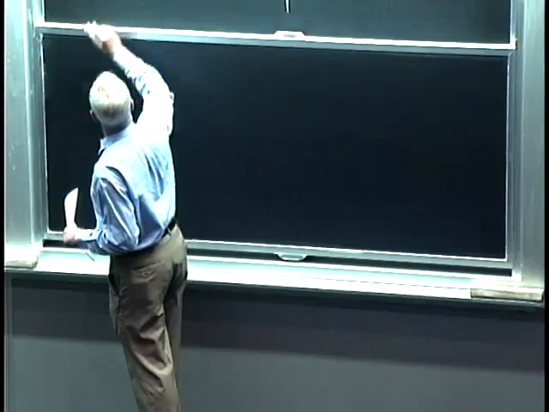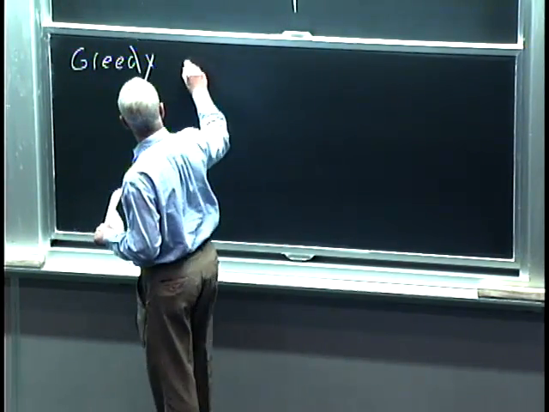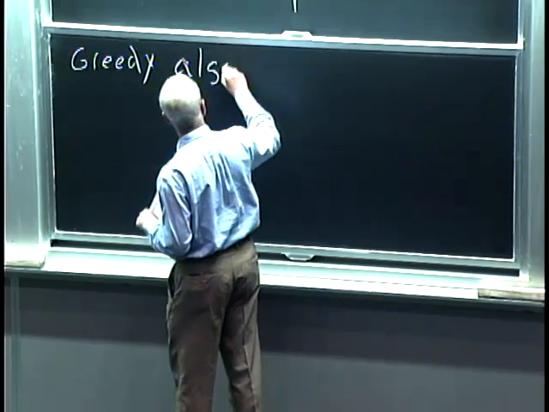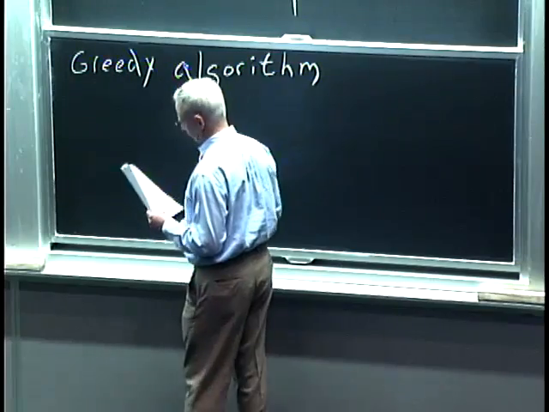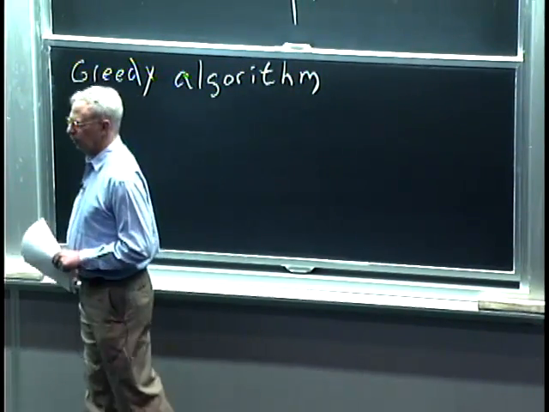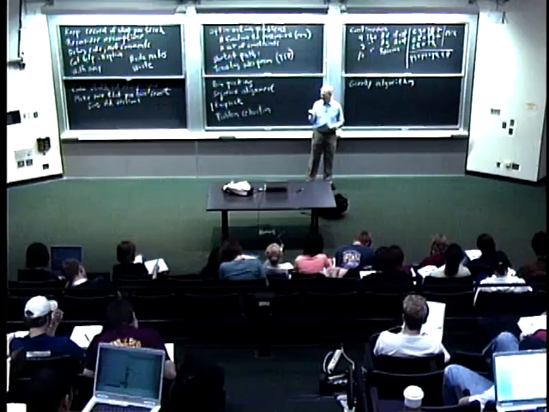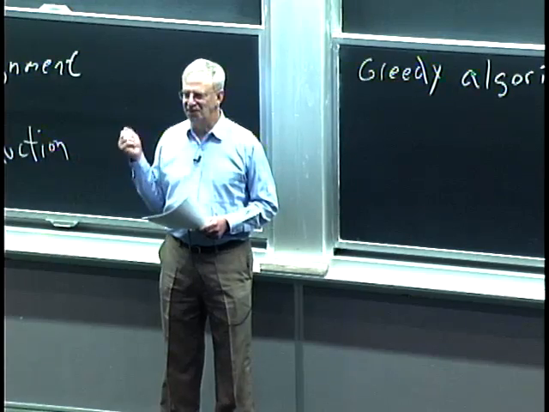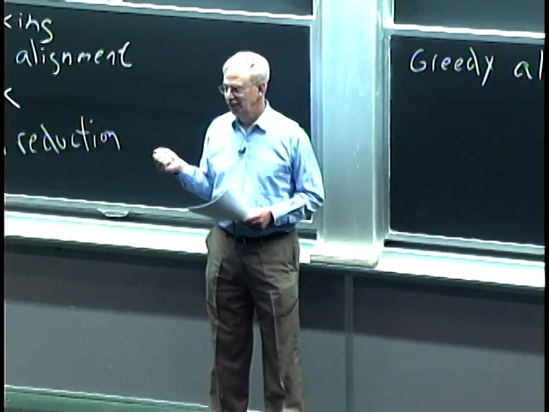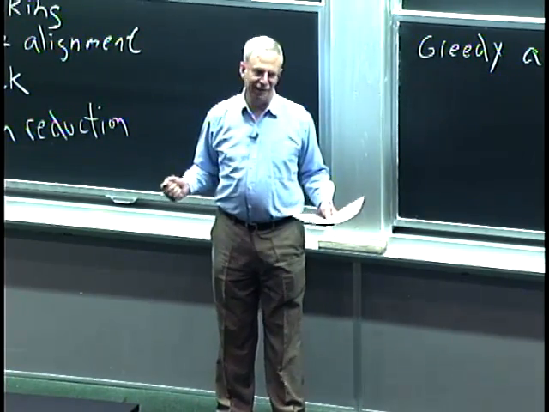What I just described is an instance of a greedy algorithm. In a greedy algorithm, at every step, you do what maximizes your value at that step. So there's no planning ahead. You just do what's ever best.